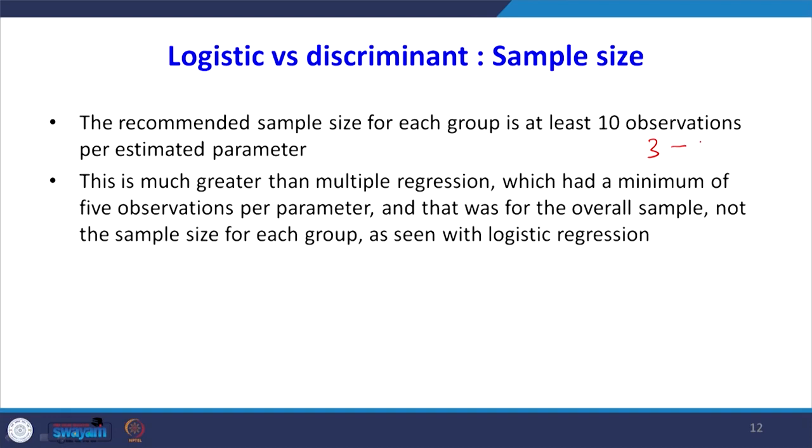This is much greater than multiple regression, which had a minimum of 5 observations per parameter. That was for the overall sample, not the sample size of each group as seen in logistic regression. So, the point here is, if it is multiple regression, for one variable you can have 5 respondents.